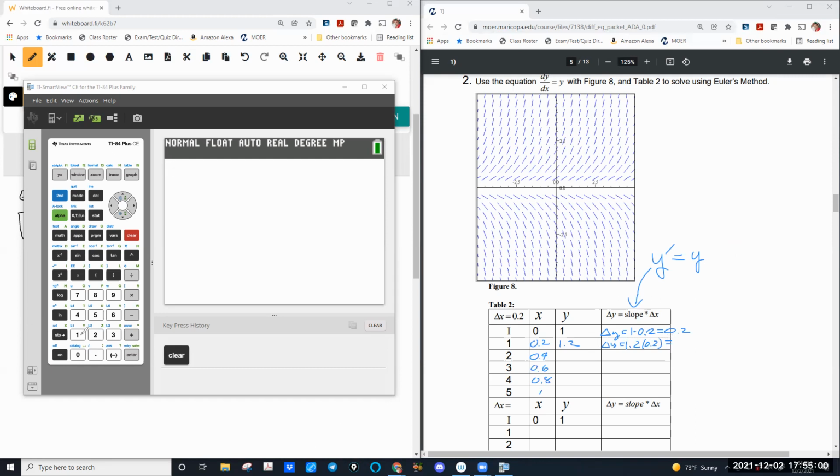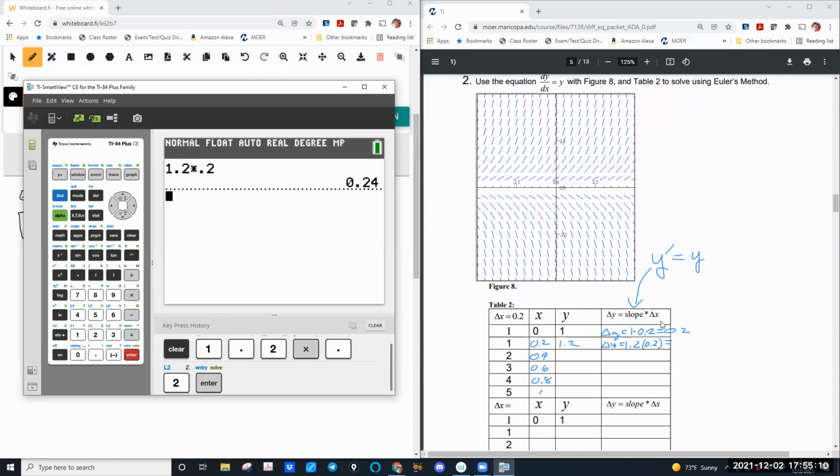So 1.2 times 0.2, that's my new delta y, 0.24. And again, that gets added to the most recent y value. So 1.2 plus 0.24, you get 1.44.